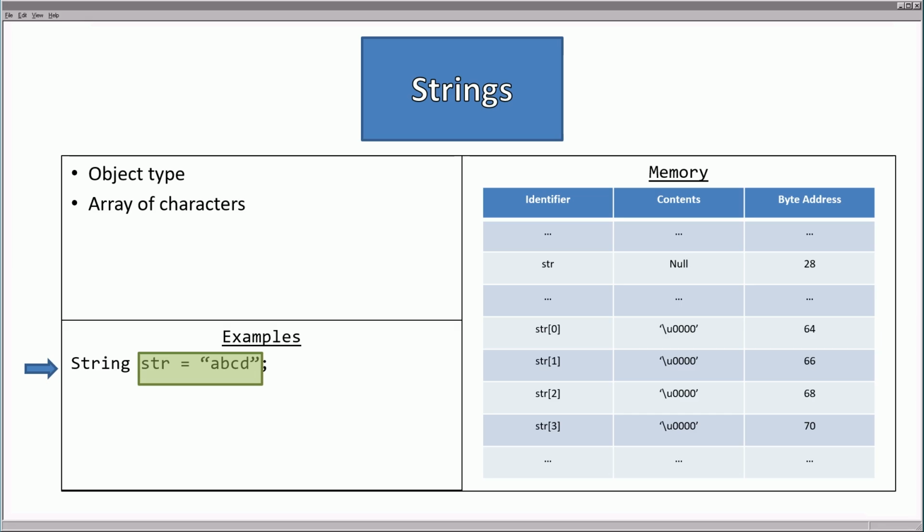Before we can do that, we first have to construct this character array ABCD. As we have 4 characters, as you can see here, we have 1, 2, 3, 4 characters. And then it individually assigns ABCD to each one of these indices. Now the last thing that happens is this str is assigned the value of 64.